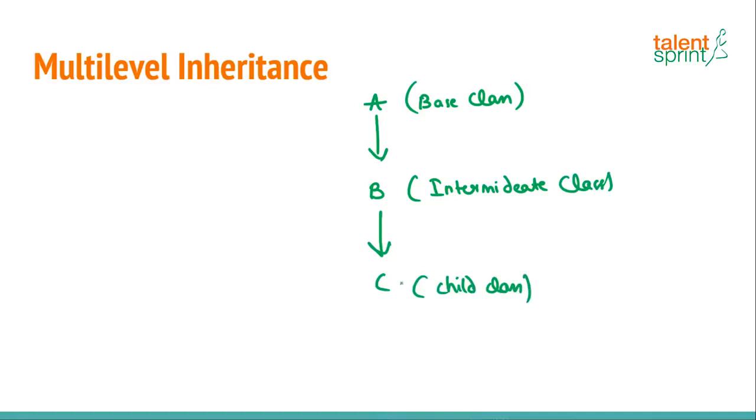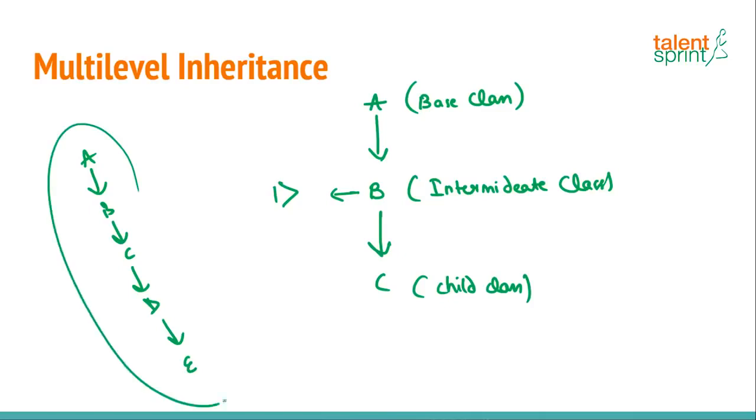So when there is this chain involving multiple classes, it can be more than one. The chain can go as long as A, B, then C, then D, and finally the child class can be E. Whenever there is a single chain forming like this, it is called multi-level inheritance.